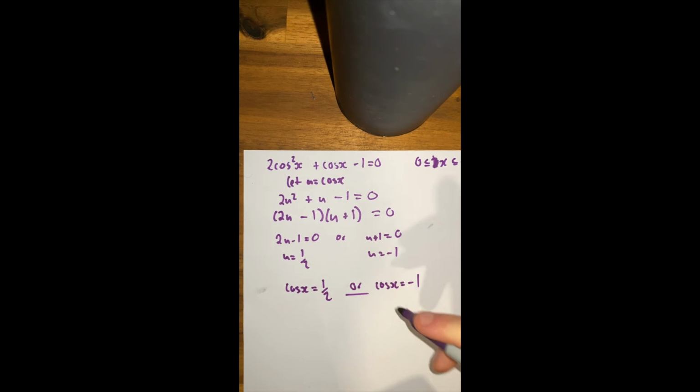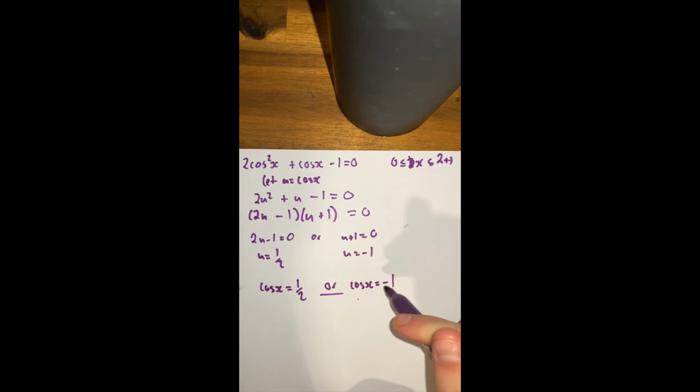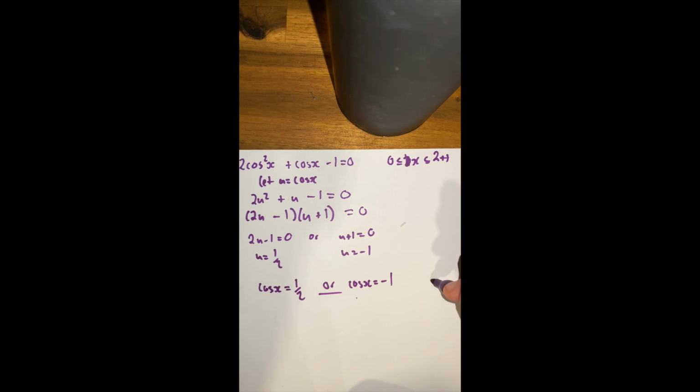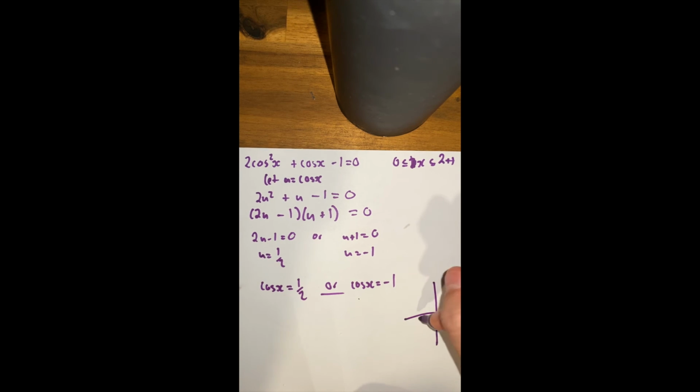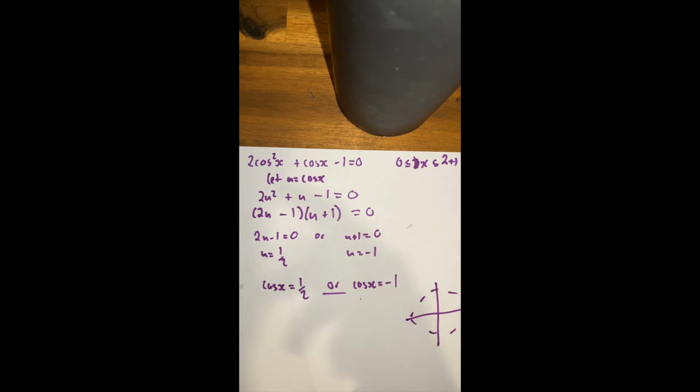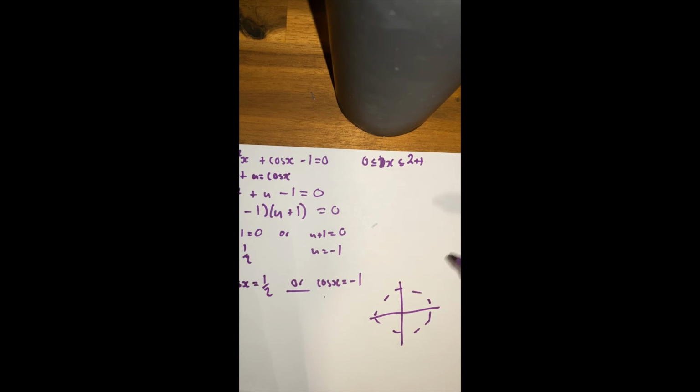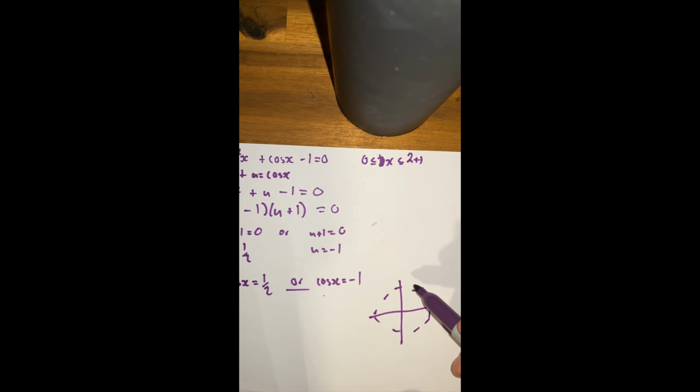So I'm going to start with this one over here. Cos of x equals -1. If we think about it, using our unit circle, cos of x represents the x coordinate on the unit circle.